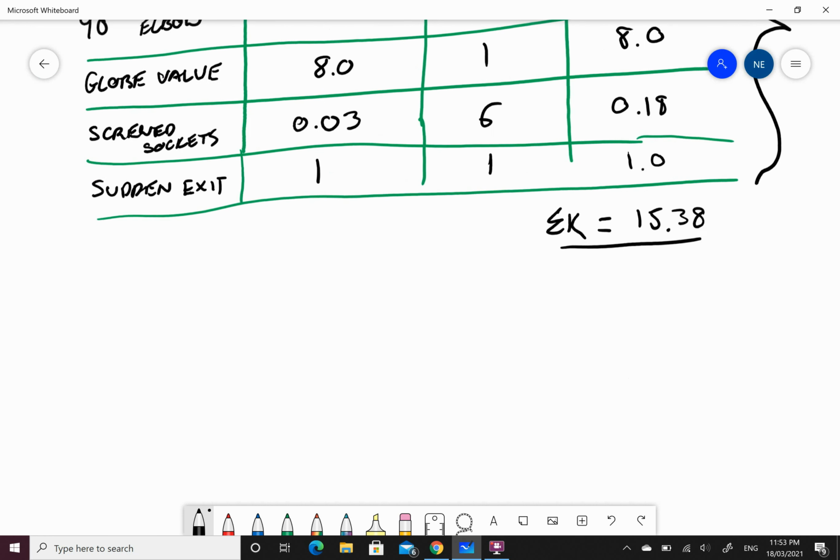Now what I have is my HL, my losses due to my fittings. Hope you guys remember the formula for it.